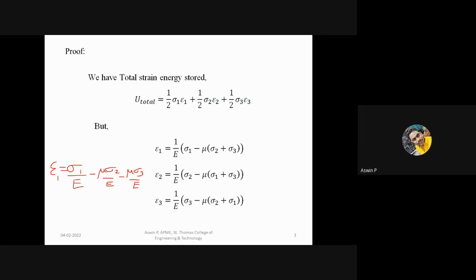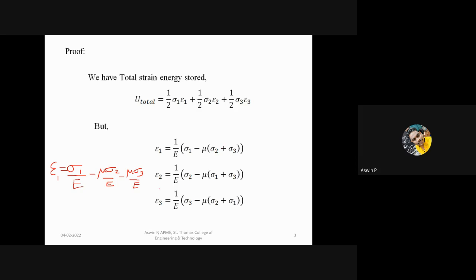If you see this one, it is the same equation as given here. 1 by E is taken outside, sigma 1 is kept here. Both these terms are minus, so the minus and Poisson's ratio are taken outside. Inside the bracket that will be sigma 2 plus sigma 3.